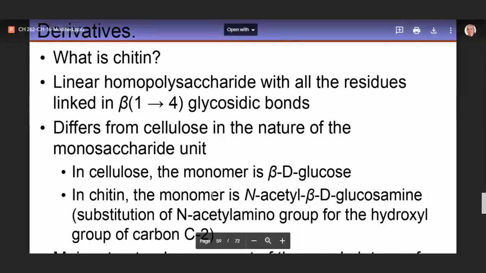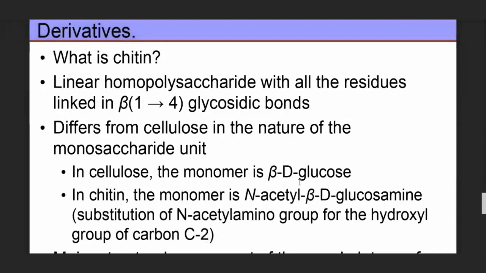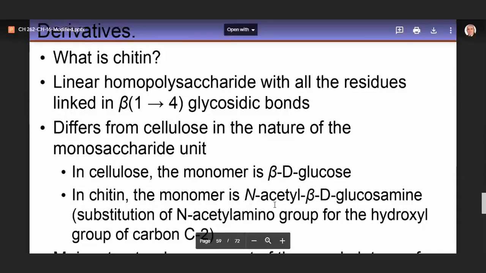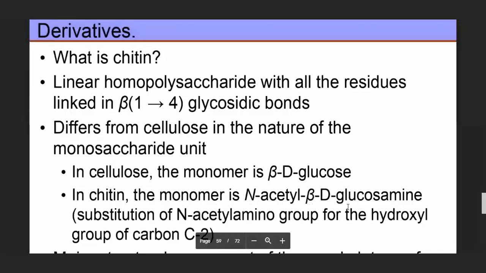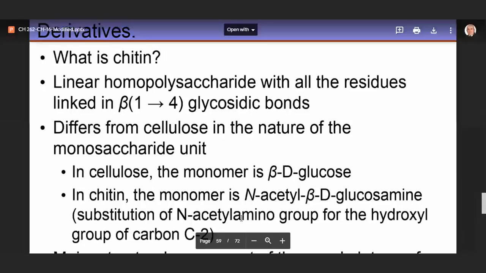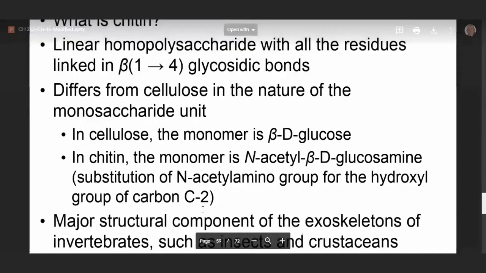In cellulose, the monomer is beta-D-glucose. However, in chitin, the monomer is N-acetyl beta-D-glucosamine. It is a derivative of glucosamine, with the substitution of an N-acetyl amino group for the hydroxyl group of carbon 2 in glucose. This is the substitution.